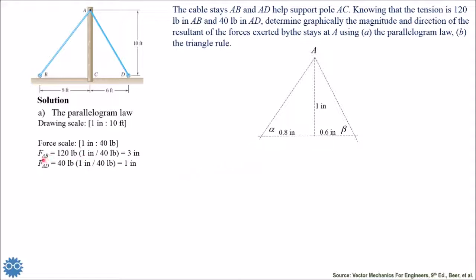So the first force, FAB, will be equal to 120 pounds multiplied by 1 inch over 40 pounds. Here it's very important to know how to make our conversions from the force to dimension on the paper.